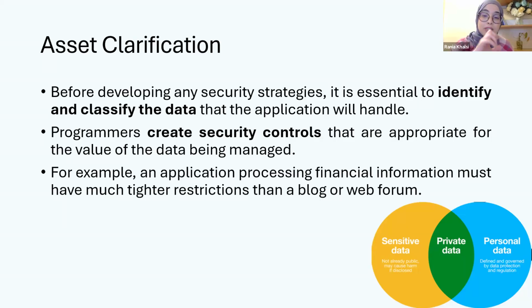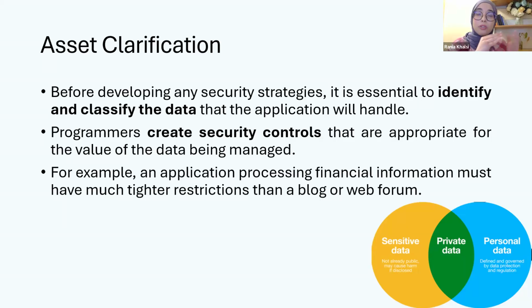So if developers treat all data the same way, what will happen? They might treat all the data as if it's not that important, and under-secure critical things like bank details.